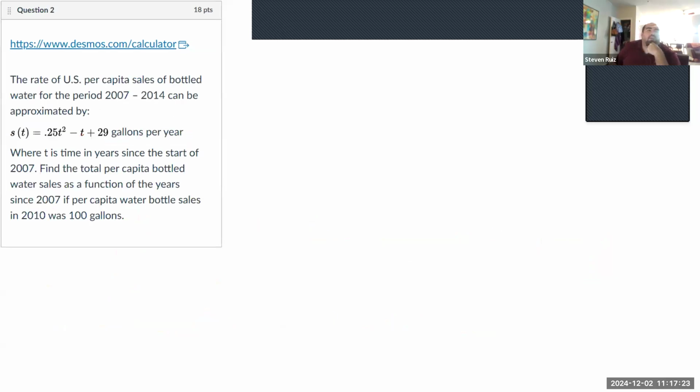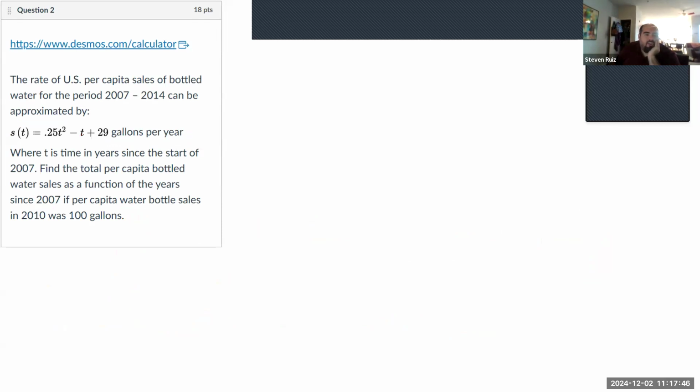All right. So we have a rate of change function. So we know the rate at which bottled water is sold per capita over this period of time. We want to find the total number of bottles of water sold per capita.